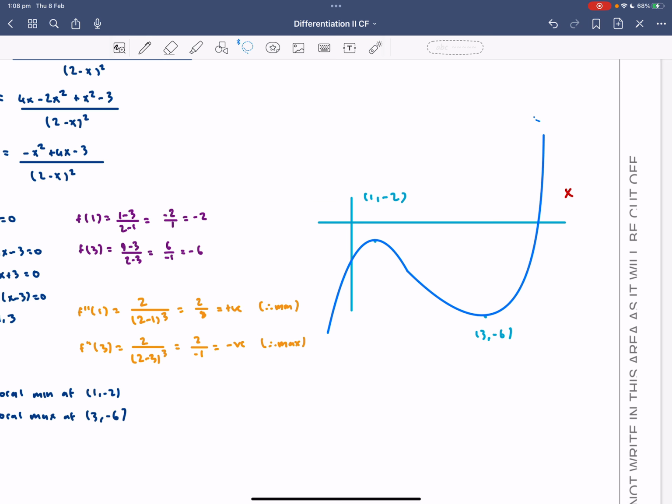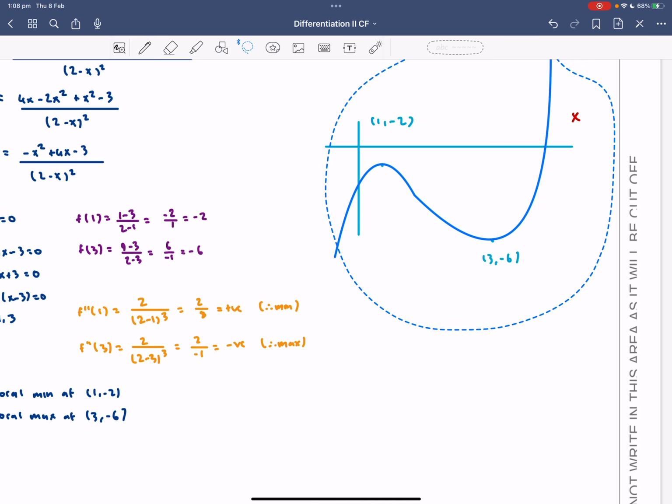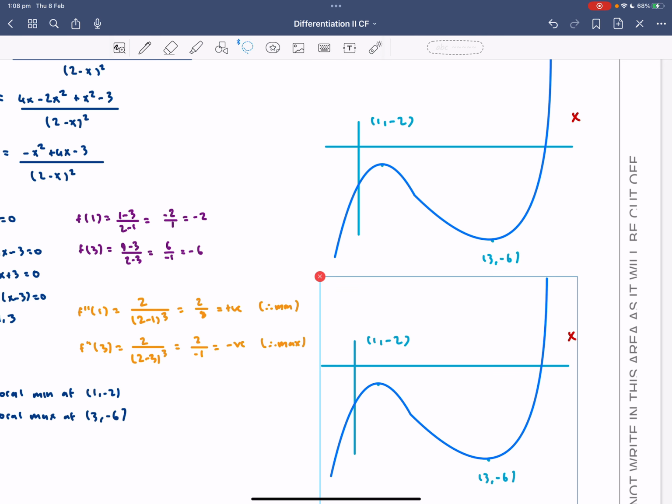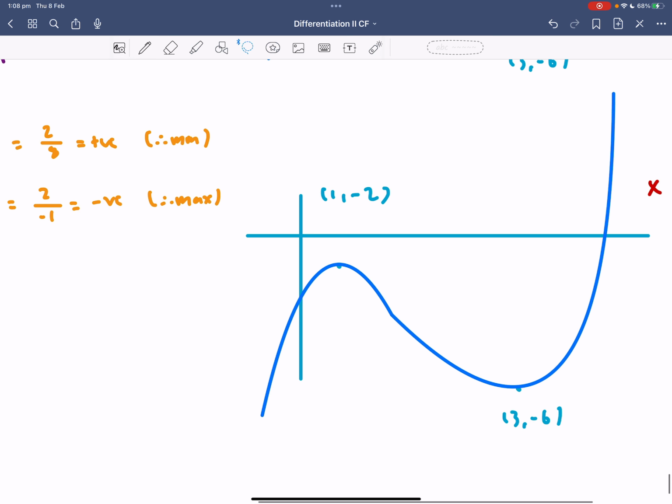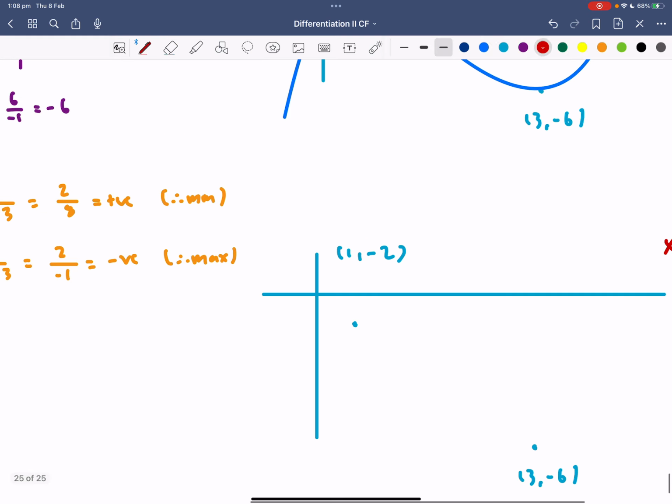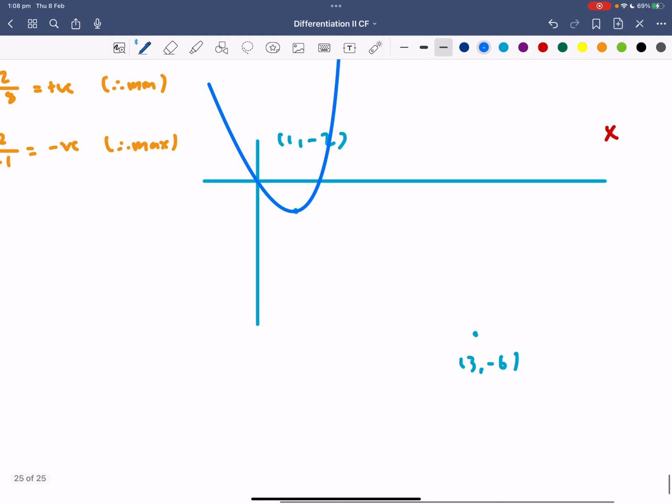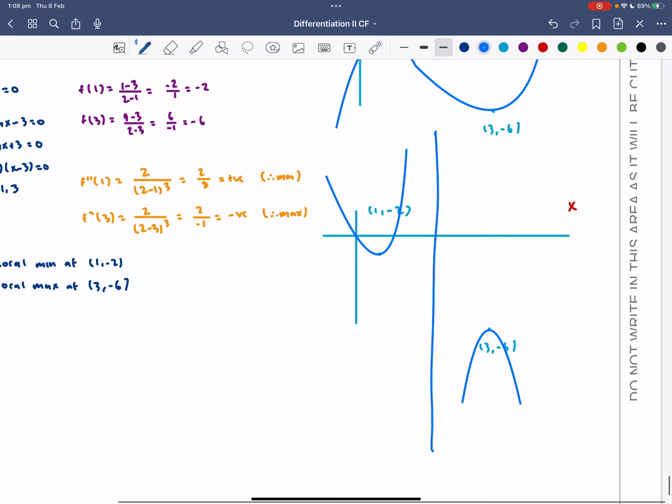Now, there is a very clear reason why that happened. The very clear reason why that happened is this. If I draw that again, if you have a think about it, there is nothing stopping you from doing this. There is absolutely nothing stopping you from having a min like such at (1, -2), as I've discussed, and then having a max at (3, -6), and then maybe there is just an asymptote in the middle.